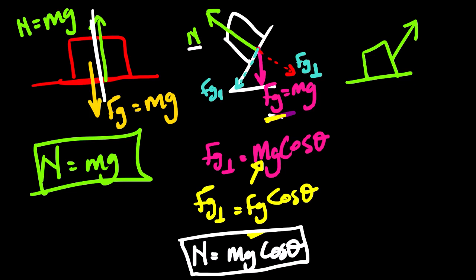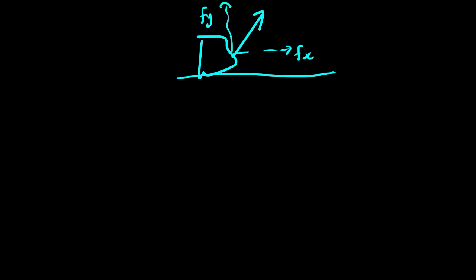Looking at the last one, we have our force applied at a certain angle, and we know that the components are Fx and Fy. In this case, in order for us to determine the equation of normal force, just know that you are going to take the sum of forces going up equals the sum of forces going down.